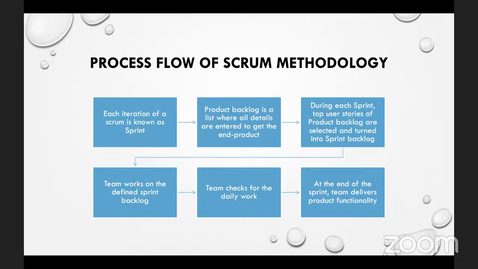And at the end of the sprint, the team will deliver a product functionality. I've already said that when a sprint comes to an end, the stories that have been worked on are deployable or shippable. And what does that mean? It means that if the owner or the stakeholder or the end user wants to go live with these feature sets, it should be stories that can go live, right?